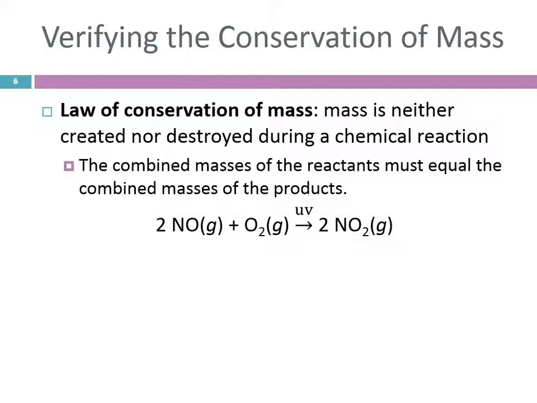We've talked about the law of conservation of mass. That says that mass is not created or destroyed in a chemical reaction. And so we can verify this. The combined masses of the reactants have to equal the combined masses of the products.